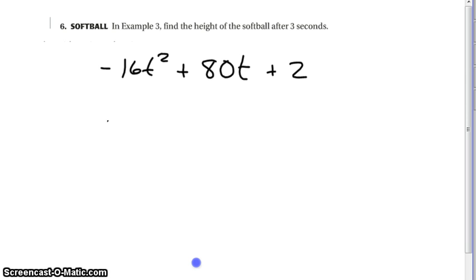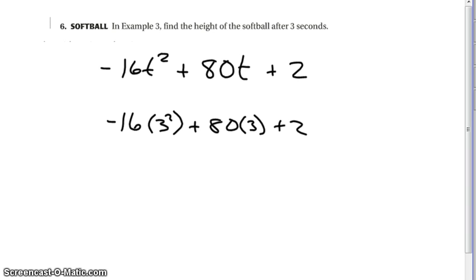Have you found it, Chris? Okay, let's just substitute what we know real quick. Whoops, that should be 80 times 3 plus 2. And go ahead and work on that. What's your question, Chris? What is 3 squared? Well, Juliana, what does it say up here?